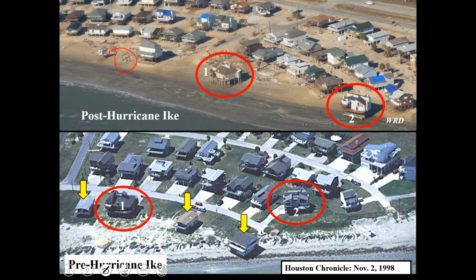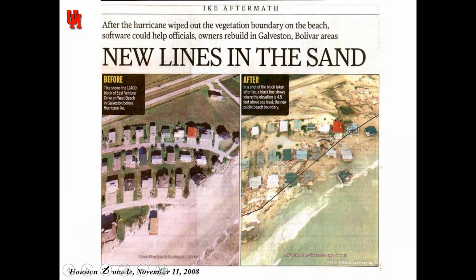In fact, there's not even maybe here. Now the shoreline is way over here. Actually, it's behind these, so the shoreline went way over here. That's after Ike. And so there's a new vegetation line. Okay. What does that mean?